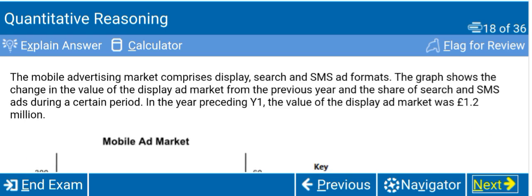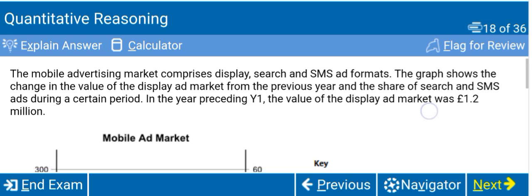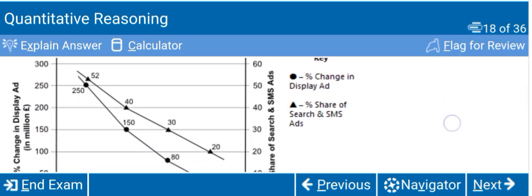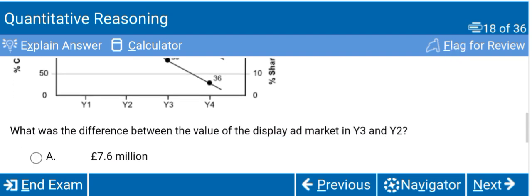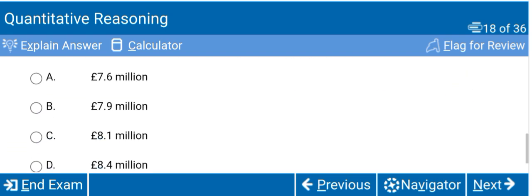Next question we have, with the same information and with the same chart data. The question is, what was the difference between the value of the display ad market in year 3 and year 2? Option A, 7.6 million pounds.